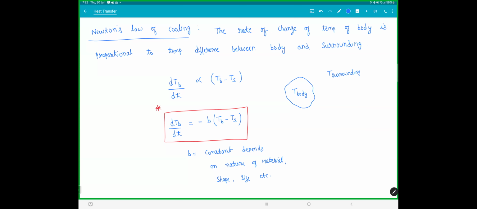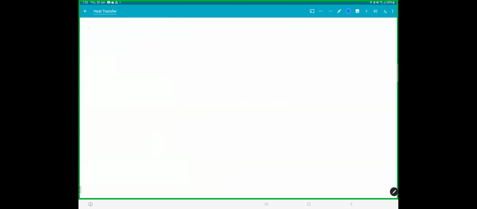Let's see the question. The temperature of the body is 2T naught. The temperature of the surrounding is T naught.